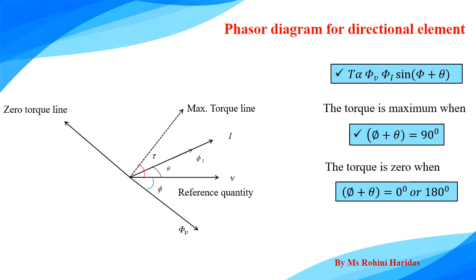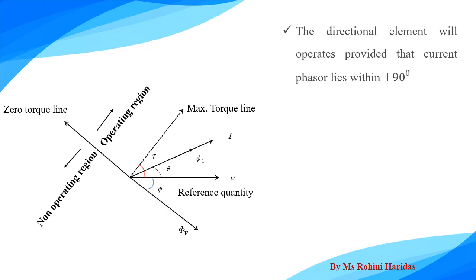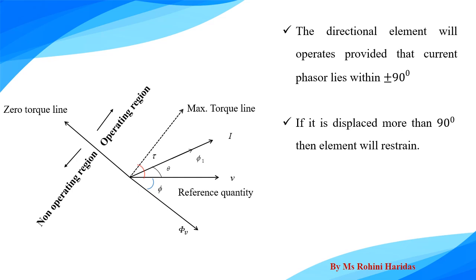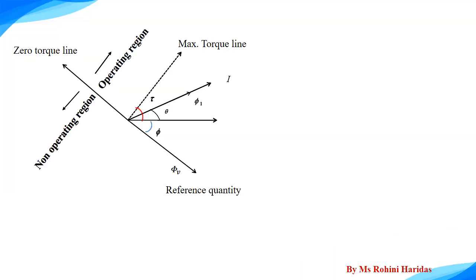So here you can see this is the zero torque line and the operating region as well as the restraining region, or you can say the non-operating region. The directional element will operate provided that the current phasor lies within the plus minus 90 degree. You can see in the figure, if it is displaced more than 90 degree, then the element will restrain. That is, in the figure it is shown by the non-operating region.